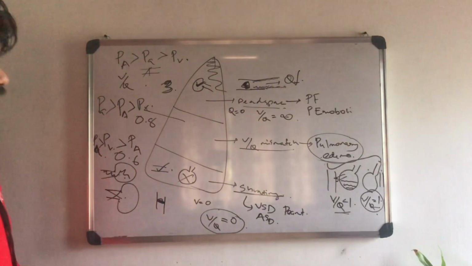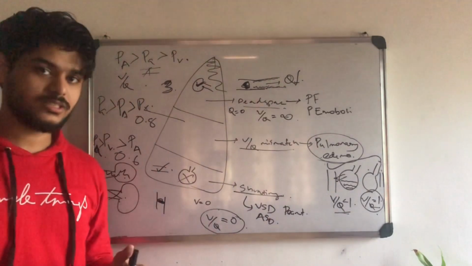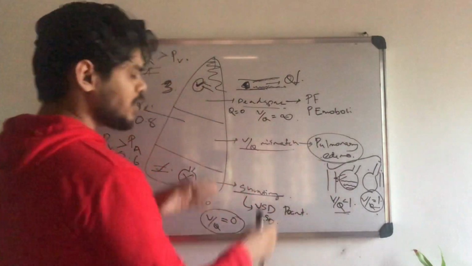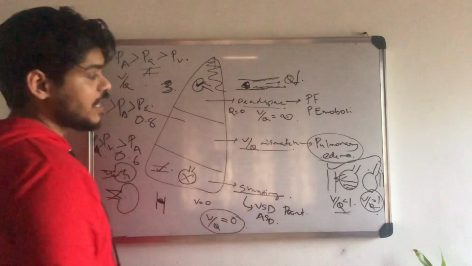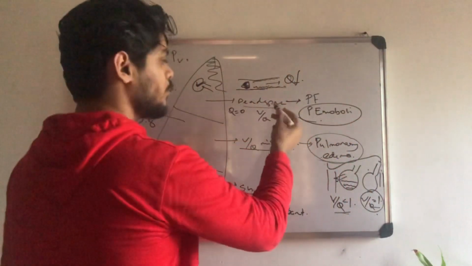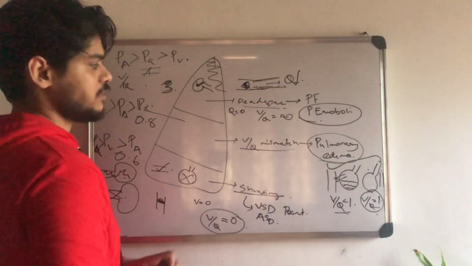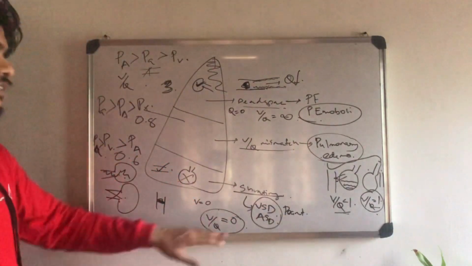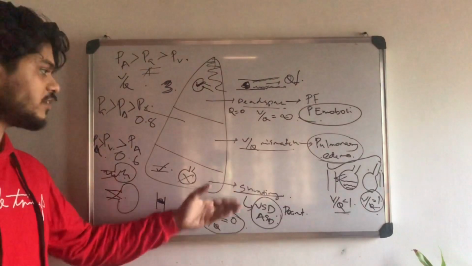And the other thing is that most of the pathological conditions will have multiple mechanisms. Not only one mechanism. It will be having multiple mechanisms. Except pulmonary emboli, which is a pure dead space. Understand? And ventricular septal defect and atrial septal defect. It has only shunting. The mechanism is shunting.